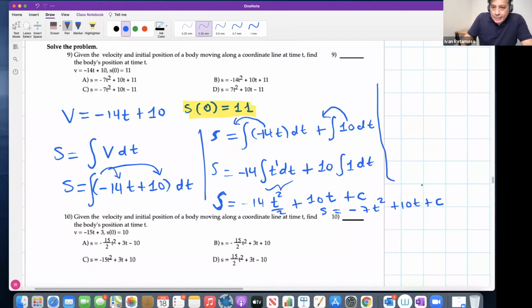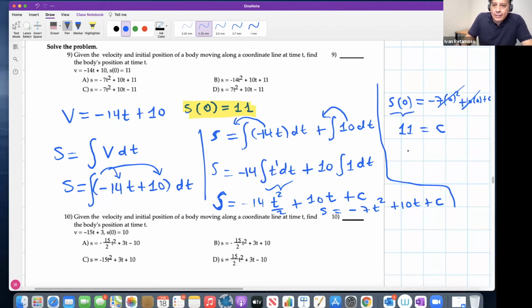Okay, great. Now, on one hand, S evaluated at 0 is negative 7 times 0 squared plus 10 times 0 plus a constant. This is 0, this is 0. But on the other hand, this is equal to 11. So this is telling me that C here is equal to 11.